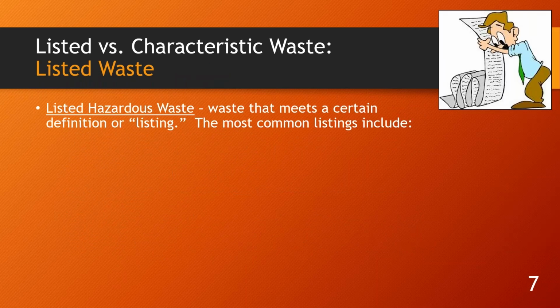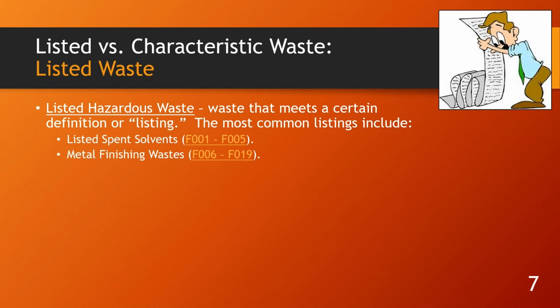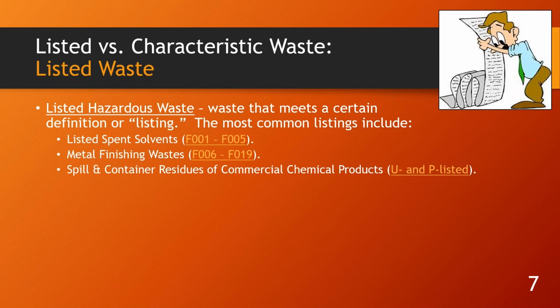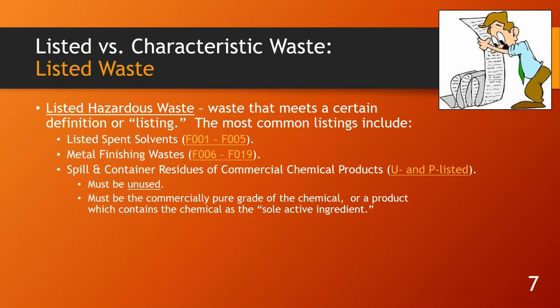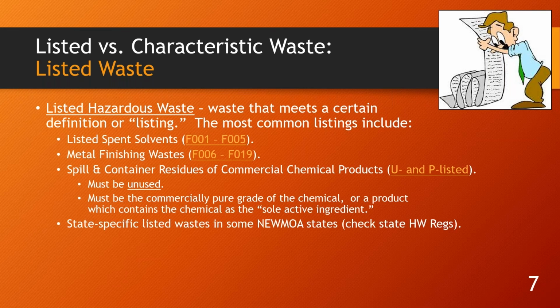Now, with listed waste, it meets the definition of listing. So it's how it was generated. Say a spent solvent, metal finishing waste, commercial chemical products that are unused. And there are state specific. Certain states may have their own listed hazardous waste.